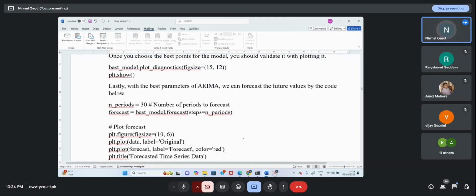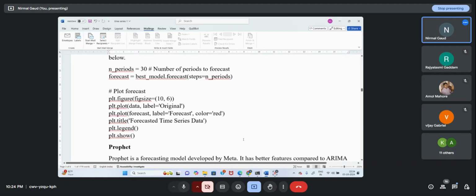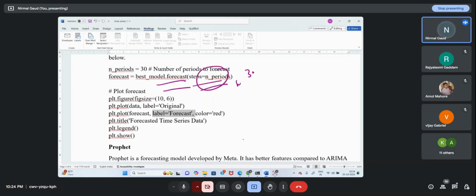There are different ways of coding here. You can incorporate it. Here I told it n periods, model dot forecast, steps equal to 30. I need 30 values to forecast, and it will do that.